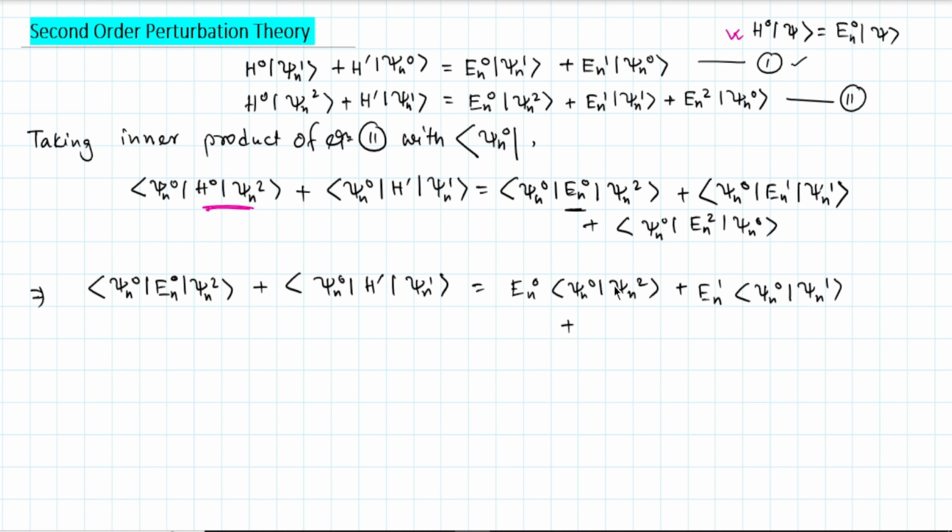And after that, for the last term of the right hand side, E n 2 is also an energy eigenvalue, just a number, so it comes out from the notation. So after that, here the first term, as we know that E n 0 is also just a number, so it comes out from the bra-ket notation. The second term will remain same.